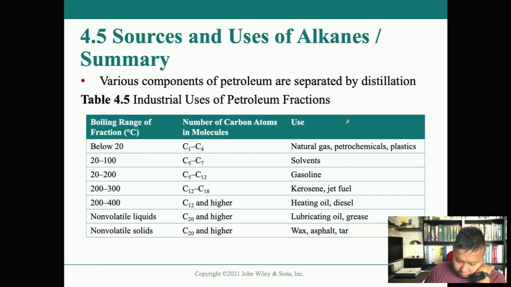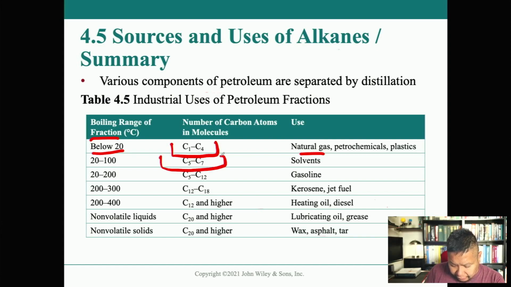And you can see that in this chart, where carbon chains between 1 and 4 carbons have a boiling point range fraction of below 20. That's like natural gas, of course, because propane is in your propane tanks in your grill, and methane is the natural gas for your stove.